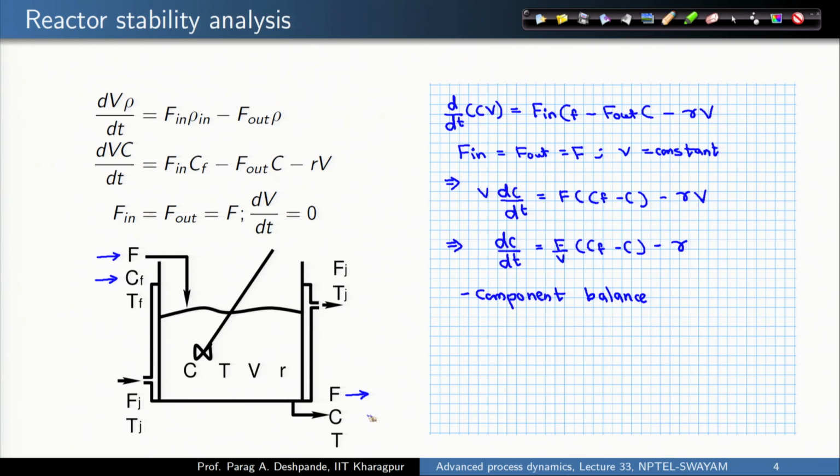I also see why I have C here, which is the same C here, and why I have a V here, and why I have an R here. So, using mass balance and component balance, I could get this particular equation, which is one of the working dynamical equations.